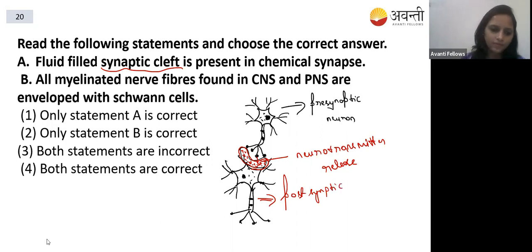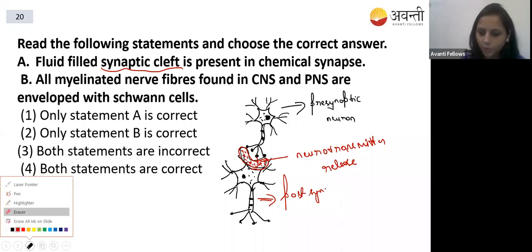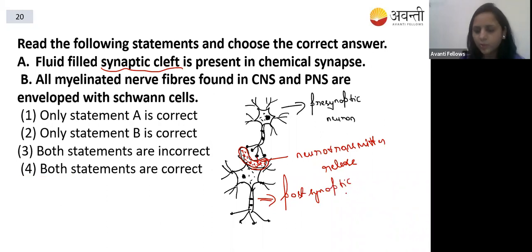Then the excitation will happen here, right? So yes, the fluid filled synaptic cleft is present in the chemical synapse. So that is the correct statement.